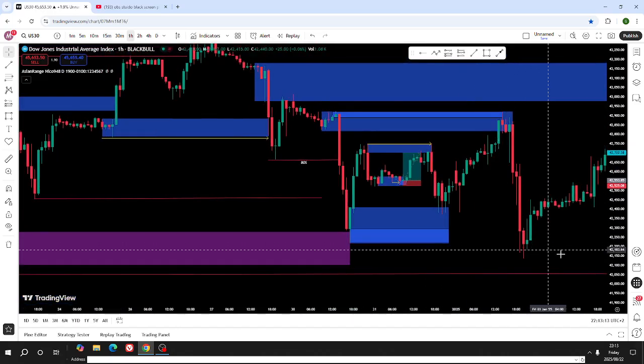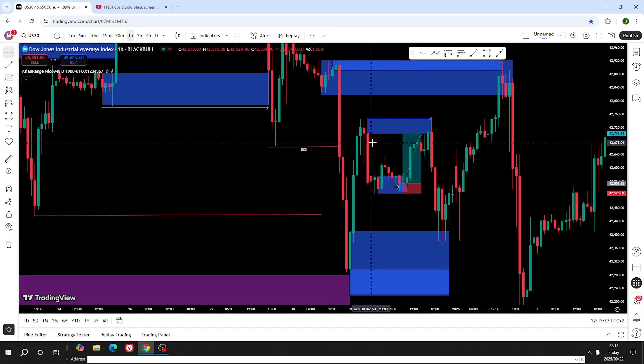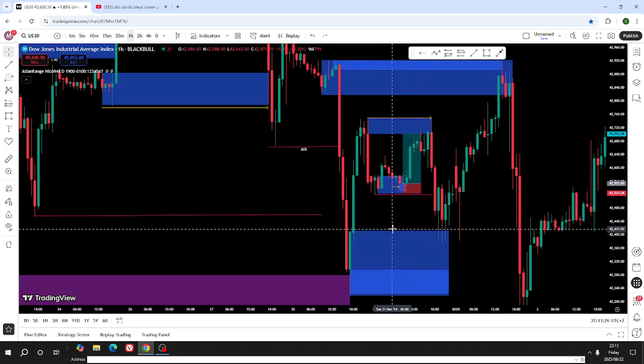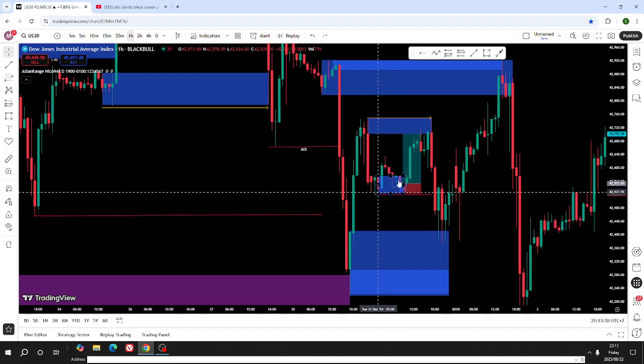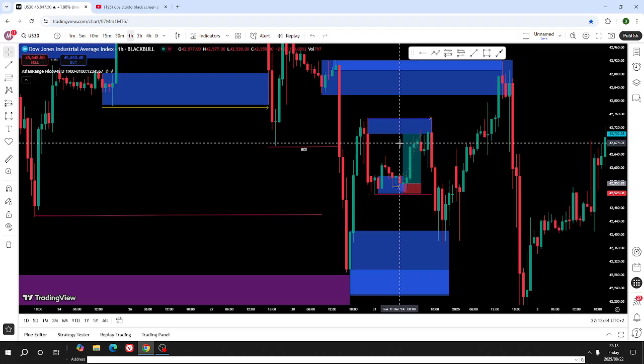Now the market goes to our unmitigated area. Right, because if you take a look, we are still in between the high and the low. This order block was the one to help us get into the unmitigated order block.